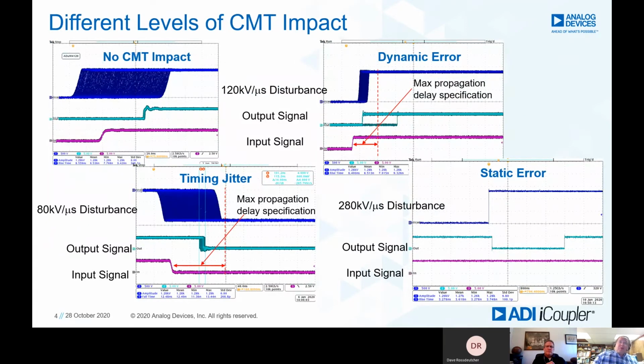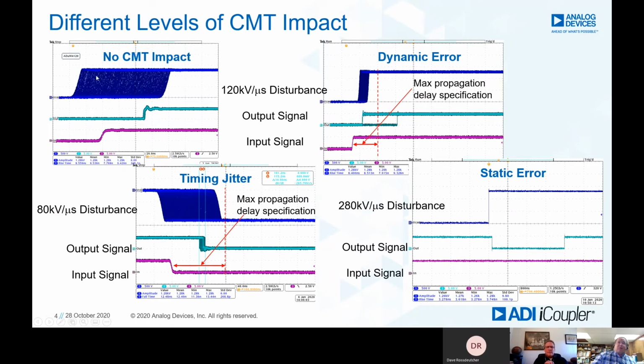One metric we like to use is the impact on the timing waveform. Here, this is one of our parts, the ADuM4120. You have an input signal and an output signal coming out of our test fixture.